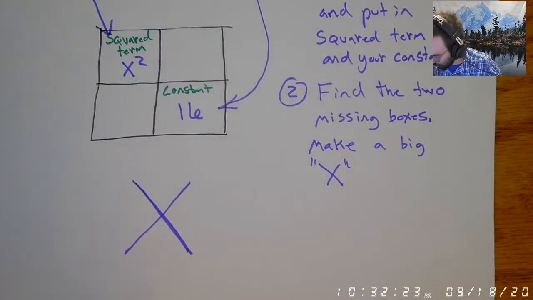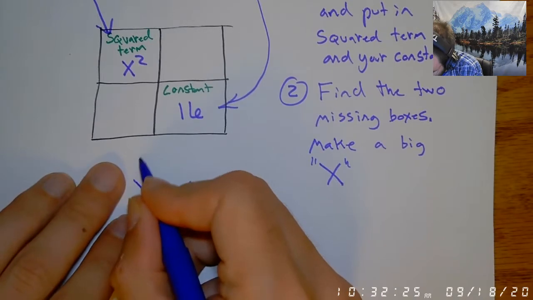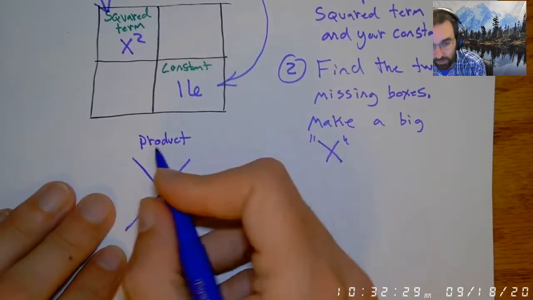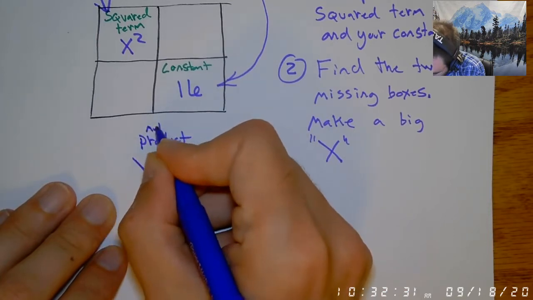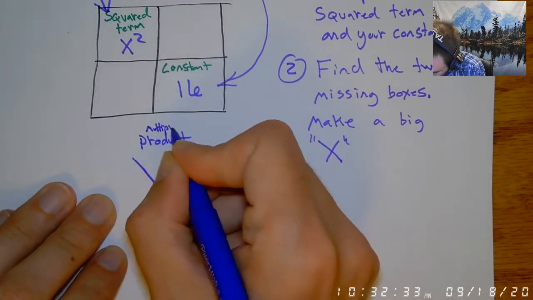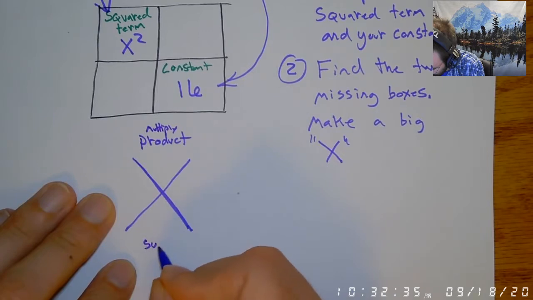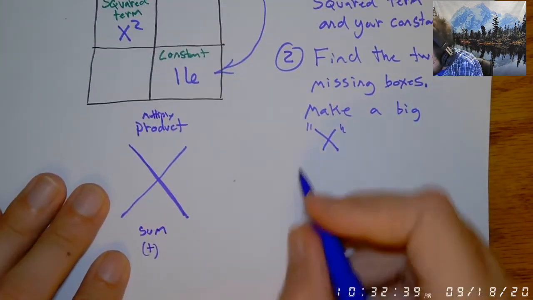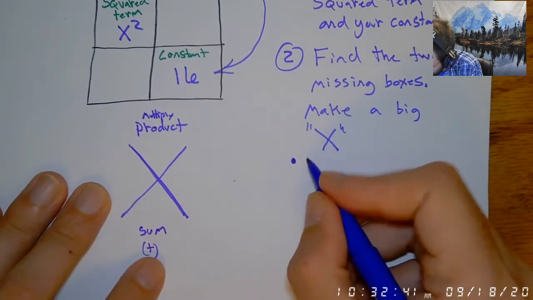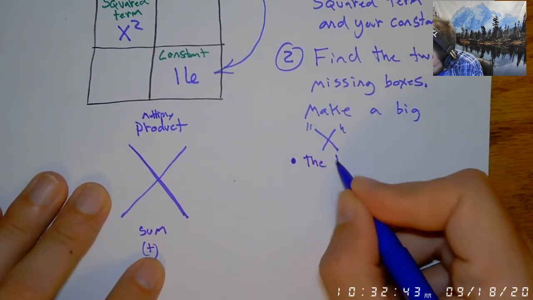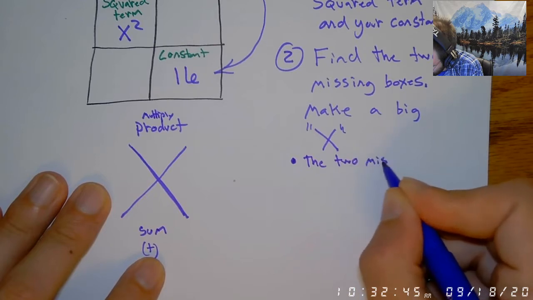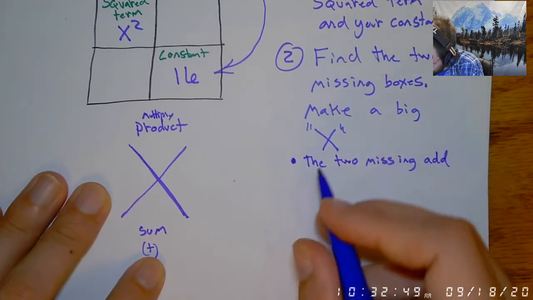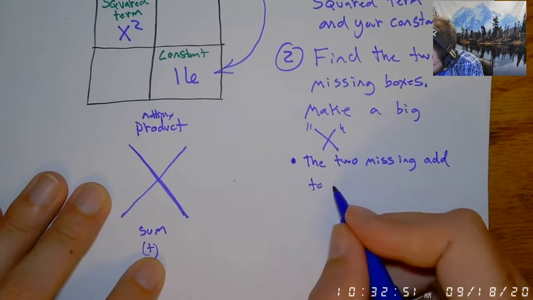So what we're going to do is on the top here, we're going to write the product, which means multiply. And we're going to write the sum, which means add. Okay? Because the 2 missing numbers add to the middle term.